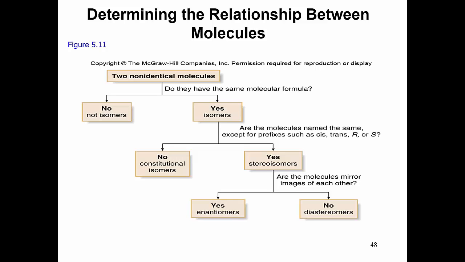And then if you have R and S relationships, you can then find out by your analysis of mirror images and superimposability to check if they're in fact going to be enantiomers or diastereomers. Now, if you're not talking about cis trans or R or S stereogenic labeled centers, then you're going to have constitutional isomers.